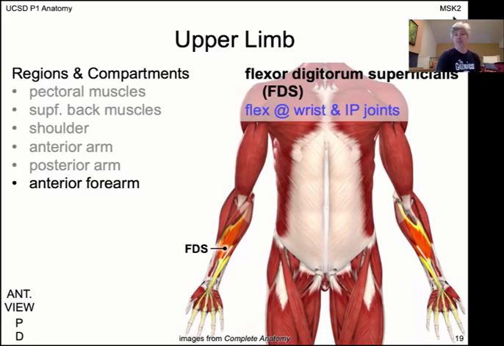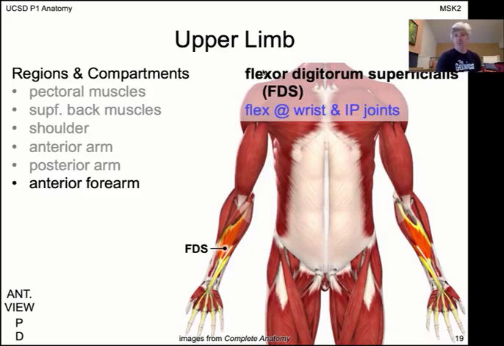That name comes from its function, obviously, the fact that it's flexing the digits, the four fingers, and the fact that it's toward the surface. It's superficial compared to another muscle that's deeper. So flexor digitorum superficialis is a bit of a mouthful. Orthopedists say FDS, and you're welcome to do that.